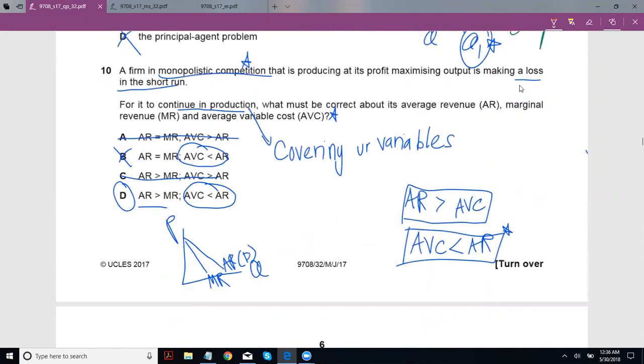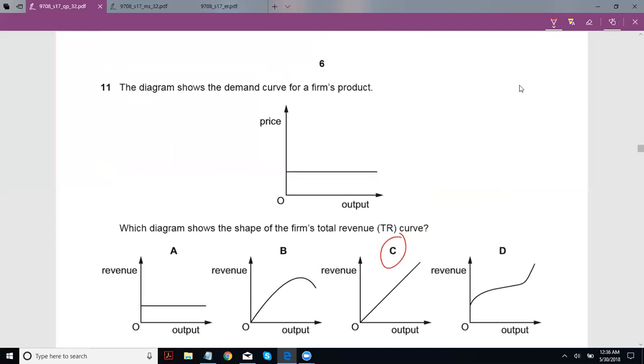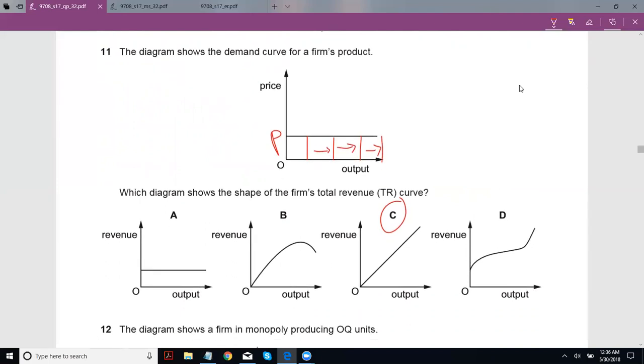If you want to look back at the explanation I offered there, the idea here is because price is fixed, whatever change in output that you're going to get is going to have a proportional change in revenue, because total revenue is price times quantity. So if output increases by 10%, total revenue will increase by 10%.